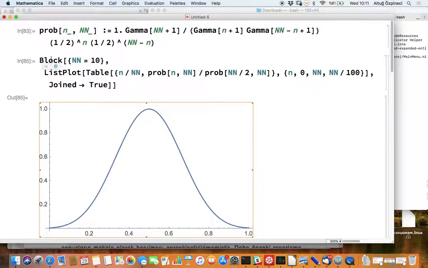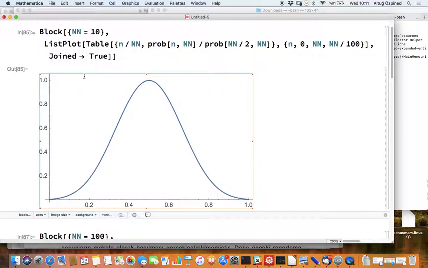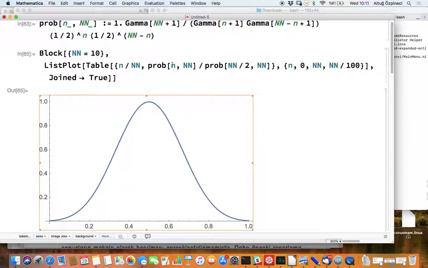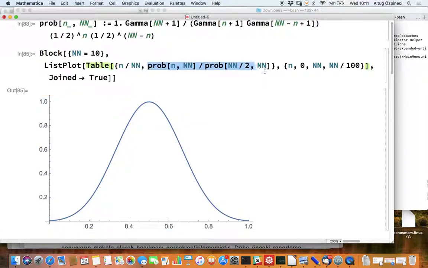Now let's see, I can just plot this function as a function of the small n. The small n can take values from 0 to capital N. Well, I'm scaling my probability so that in the middle it is 1, just so that we will be able to see the plot.